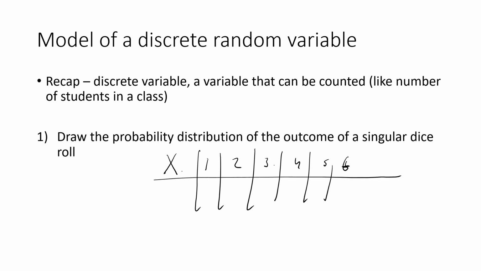And we'll use the bottom row to write the probability of getting those outcomes. If we assume that this is a fair dice, every probability is 1 out of 6. And how we show that is by writing the probability of lowercase x, or the actual outcome of the dice, equaling large X, the number at the top here.